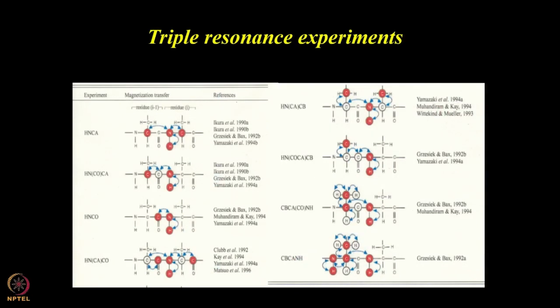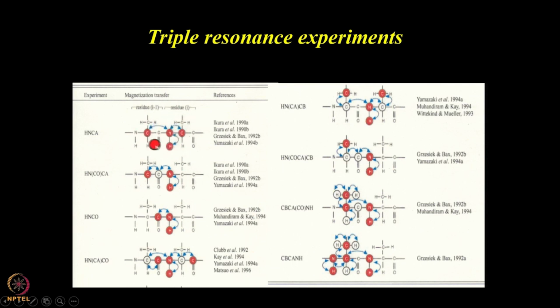Okay. Let us look at this particular experiment which is called the HNCA. What does this represent? This experiment represents that along one axis you have the proton, along the second axis you have the carbon, these are the C alpha carbons, and on the third axis you have the nitrogen.